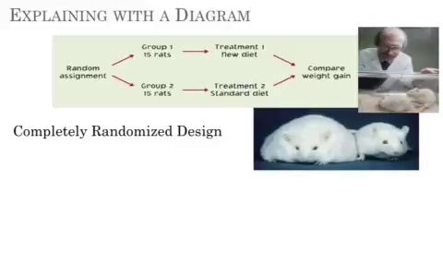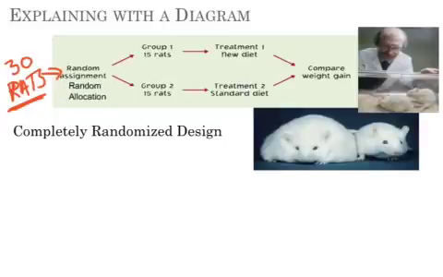You can explain each experiment with a diagram. Here's the basic form of an experiment. In this experiment, let's say we start out with 30 rats. Then, through random assignment, or your book often uses random allocation, again, it deals with the fact of randomization.